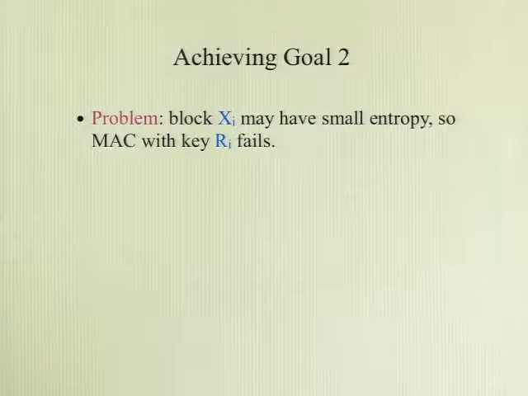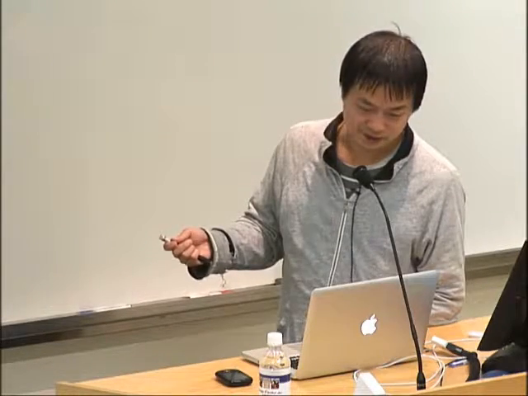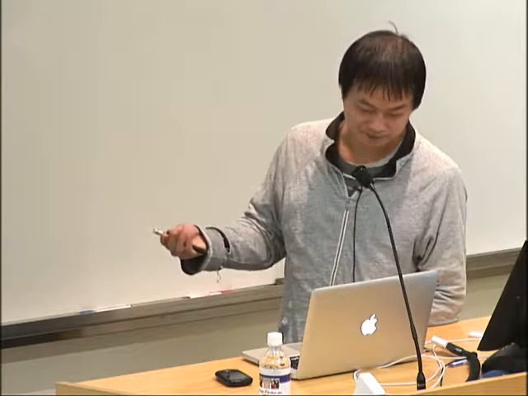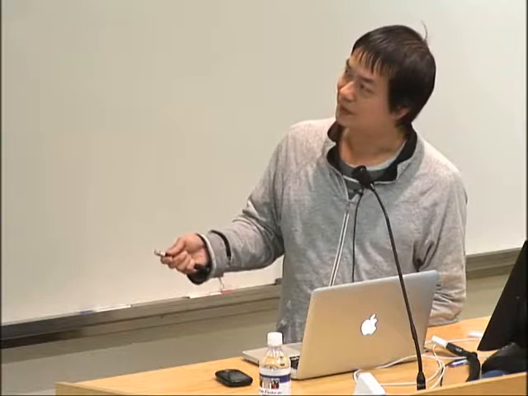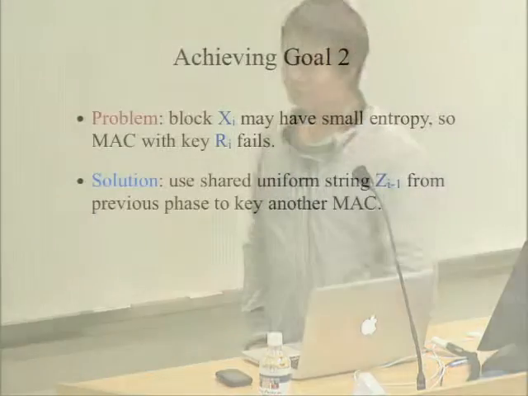But if you think about it, the protocol may fail, because here the Xi may have small entropy. So the entropy rate may be smaller than half, and the previous two-round protocol may not work. Basically, the MAC with key Ri may fail. So what are we going to do?